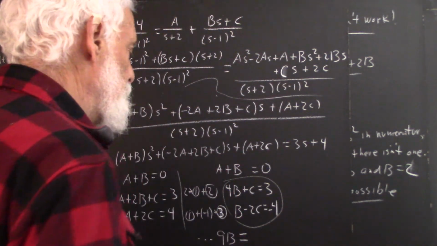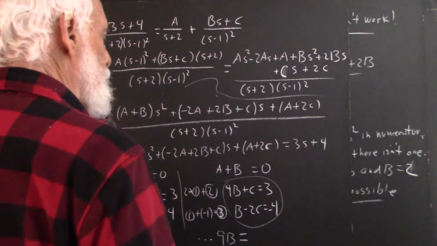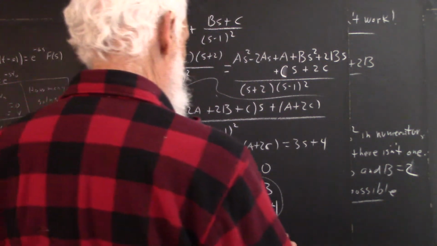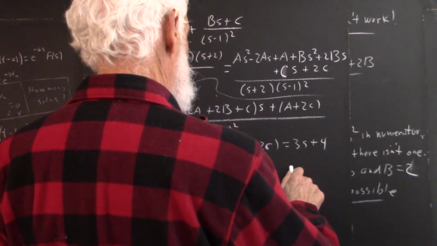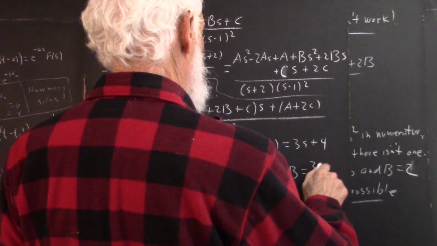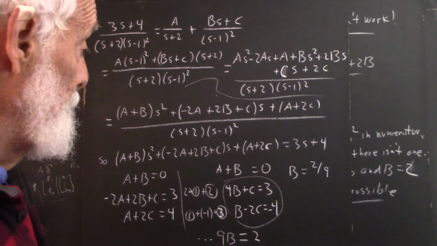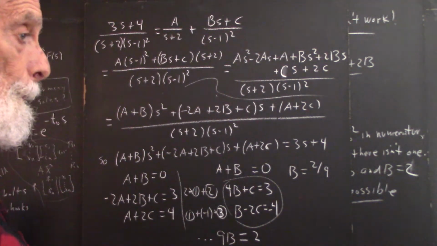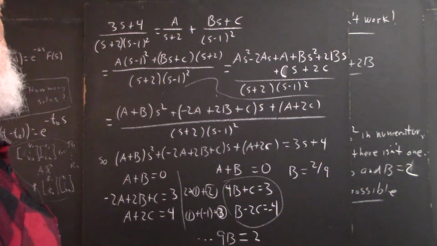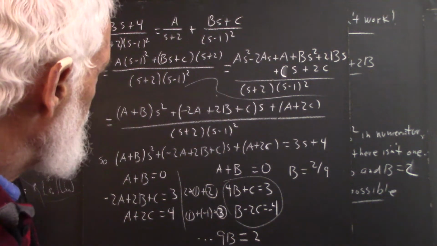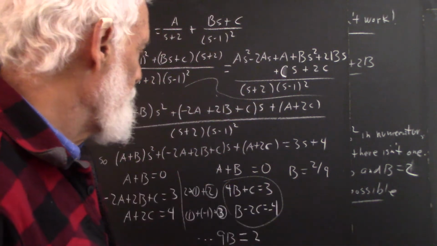And then 2 times 3 is 6, and negative 4 is 2. So that b equals 2 over 9. And I'm going to want to check this, but anyhow, b is 2/9.